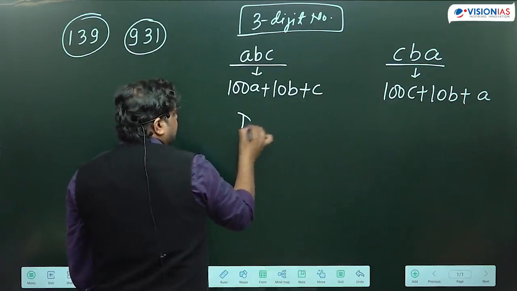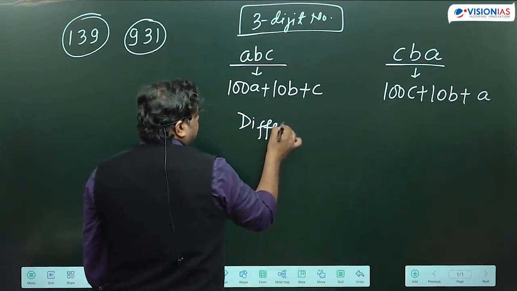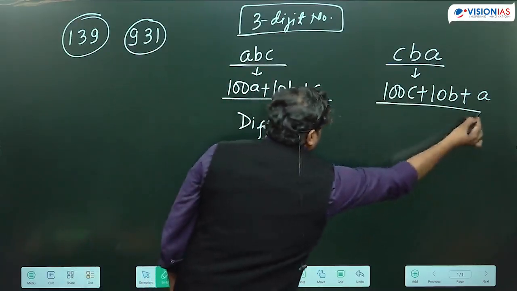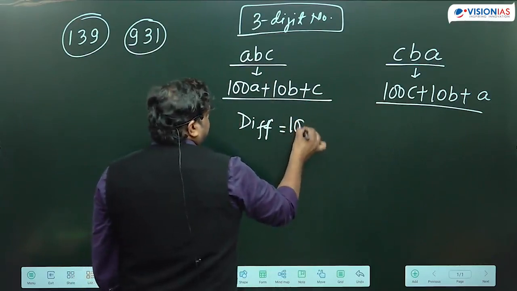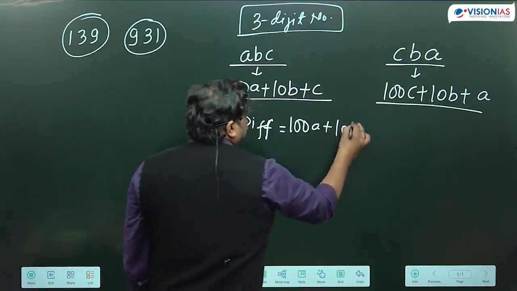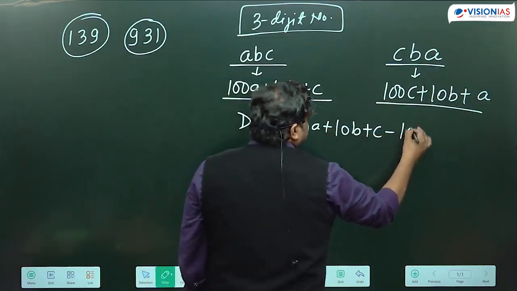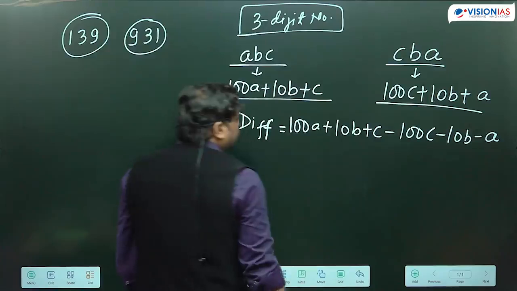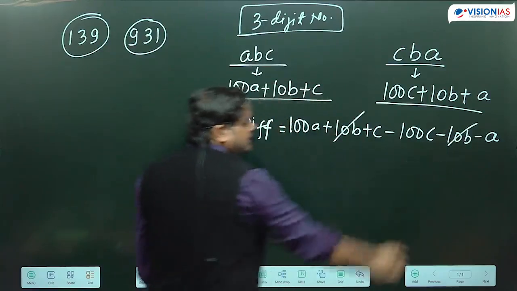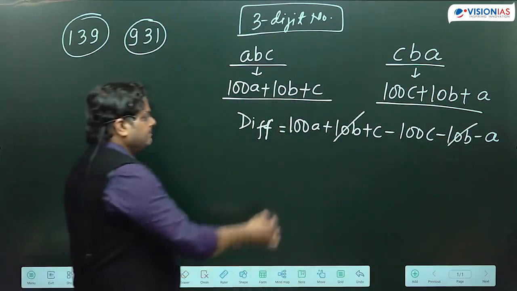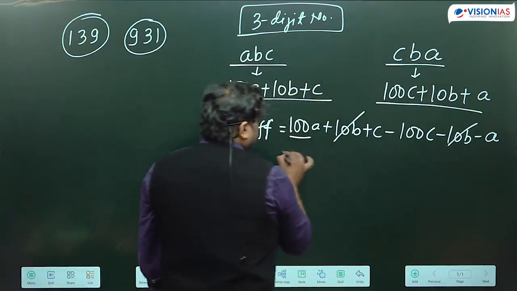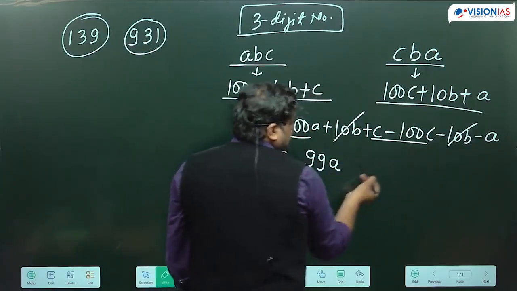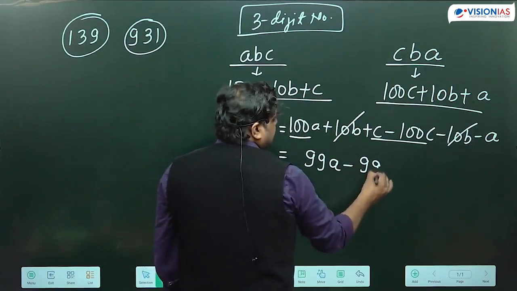If we take the difference, so what value we are getting? 100A plus 10B plus C minus 100C minus 10B minus A. This 10B will get cancelled out. 100A minus A, 99A, C minus 100C, minus 99C.